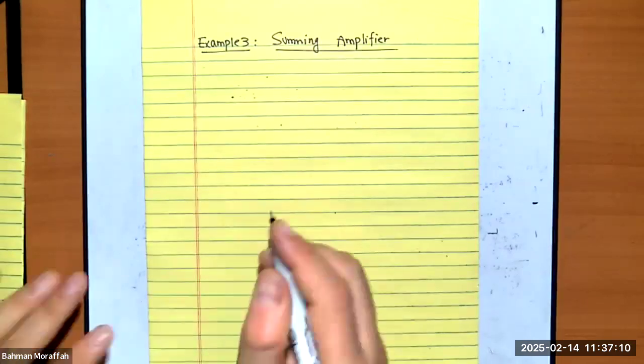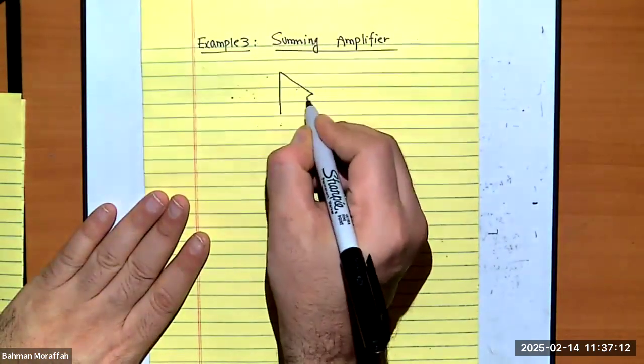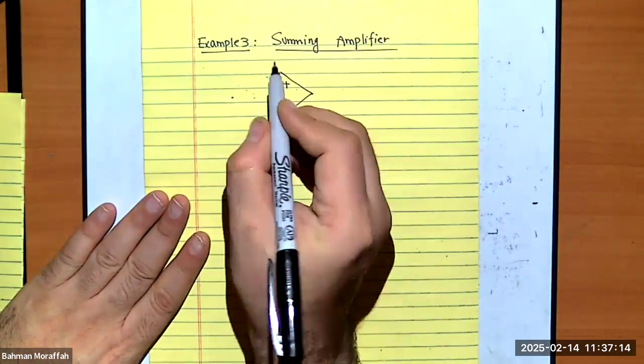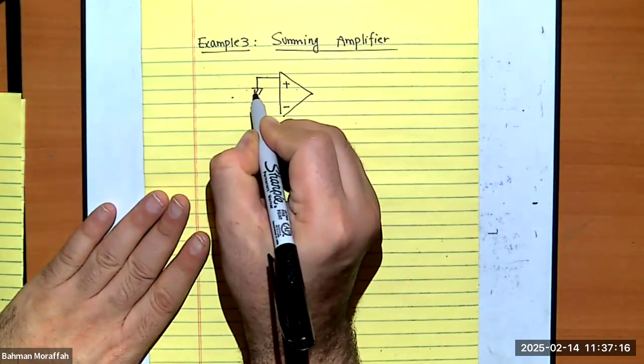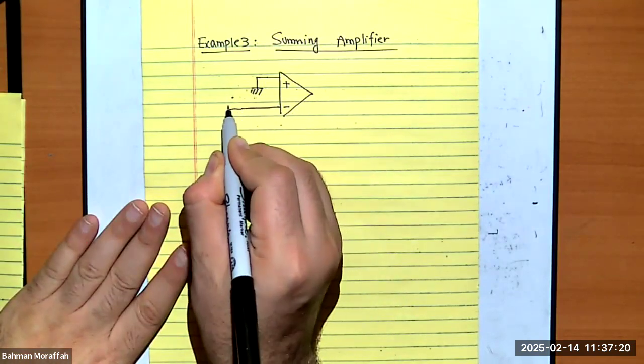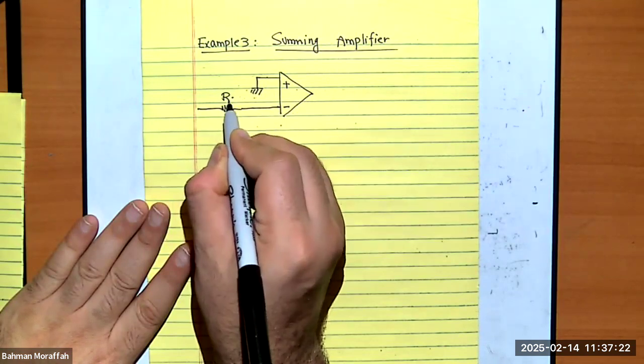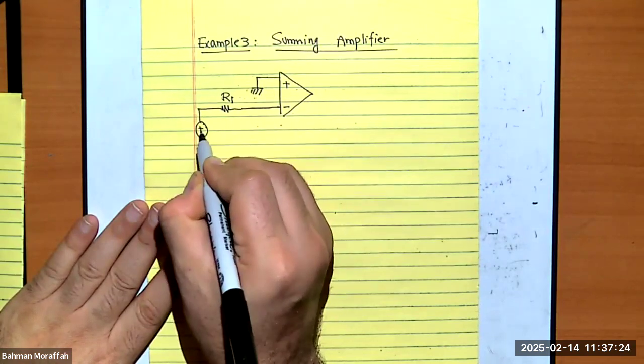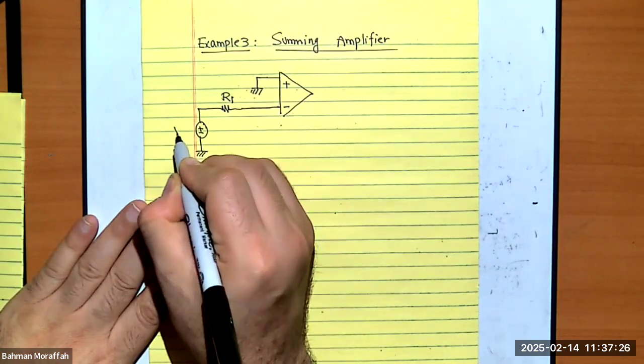Let's just say I'm given this circuit. This is the positive, this is the negative. Positive is connected to the ground. Negative is connected to a resistance, let's call it R1, with some voltage source VN1.